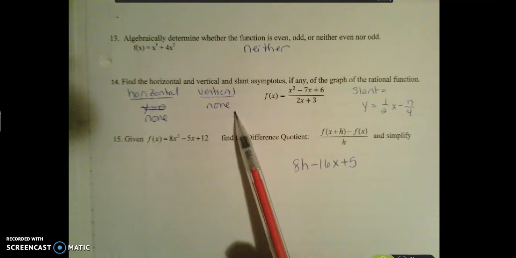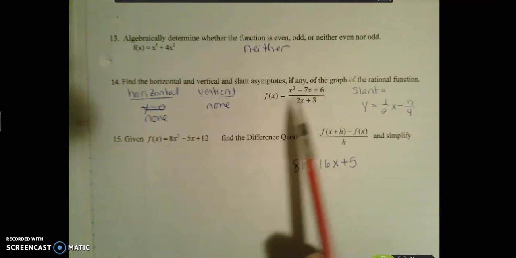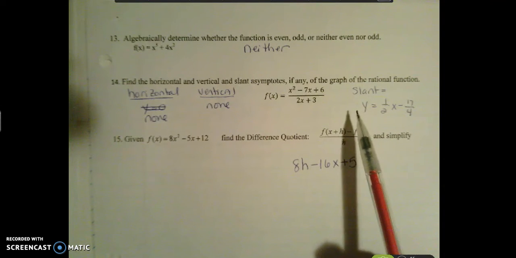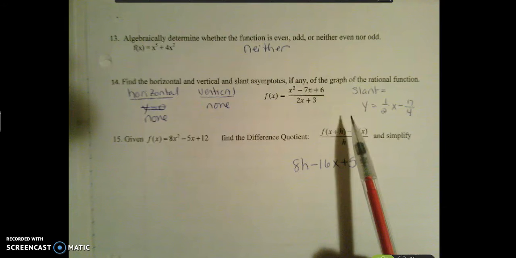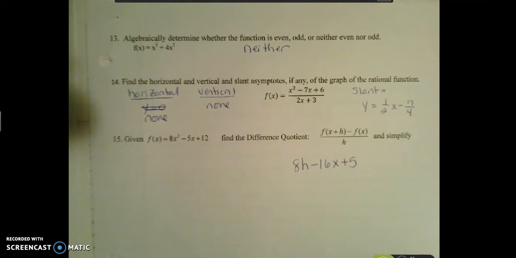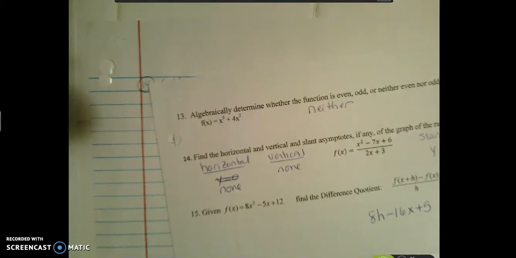There is no vertical asymptote in this case because if I factor the top, it'll cancel out. And no, I think my vertical asymptote, I'll have to go back and look at that. Let me look at my work really quick on that one. So number 14. Oh, here it is.